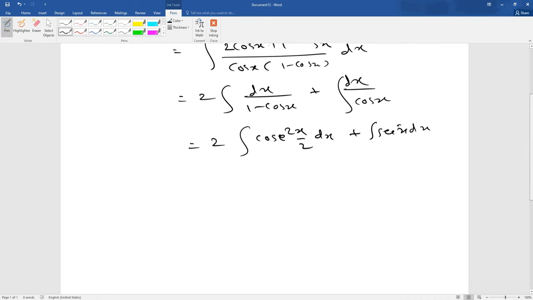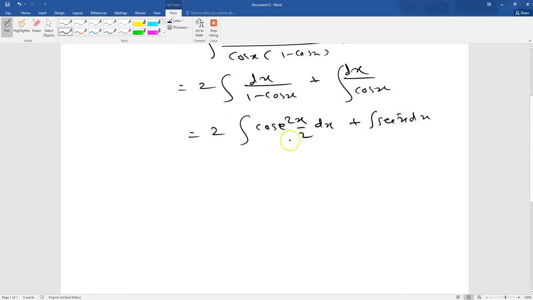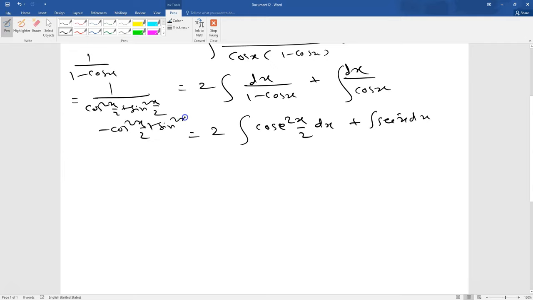Now you might have a question how it is this. See 1 upon 1 minus cos x. Now 1 will be cos square x by 2 plus sin square x by 2, minus cos x will be minus cos square x by 2 plus sin square x by 2.